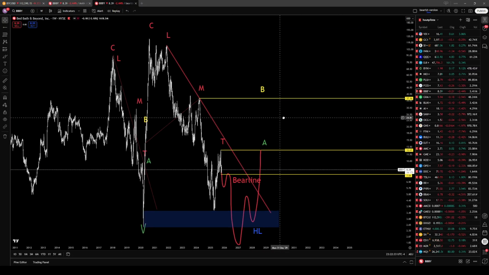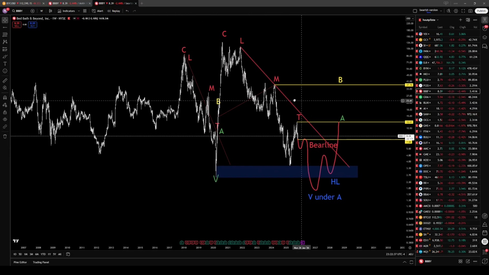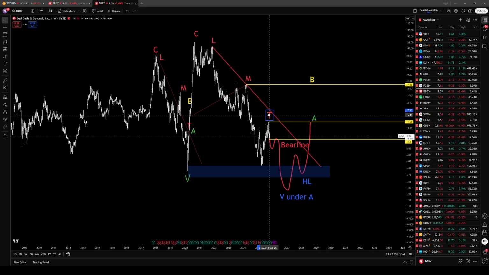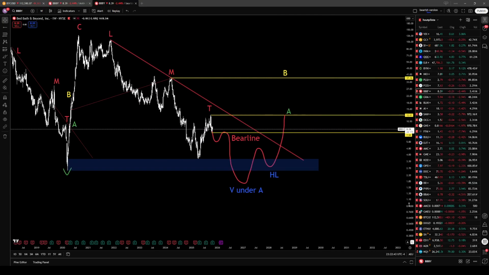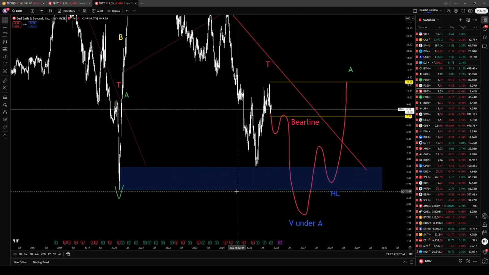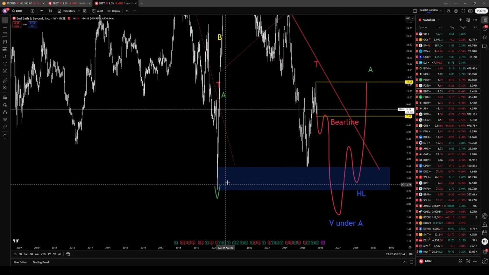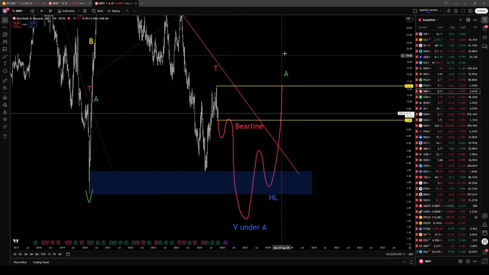For the bearish version, not much to say. Our last peak was our T. For A and B, nothing is changing, but you still would do a new low or higher low of 2020. You make your V&A here, higher low, and then you go.